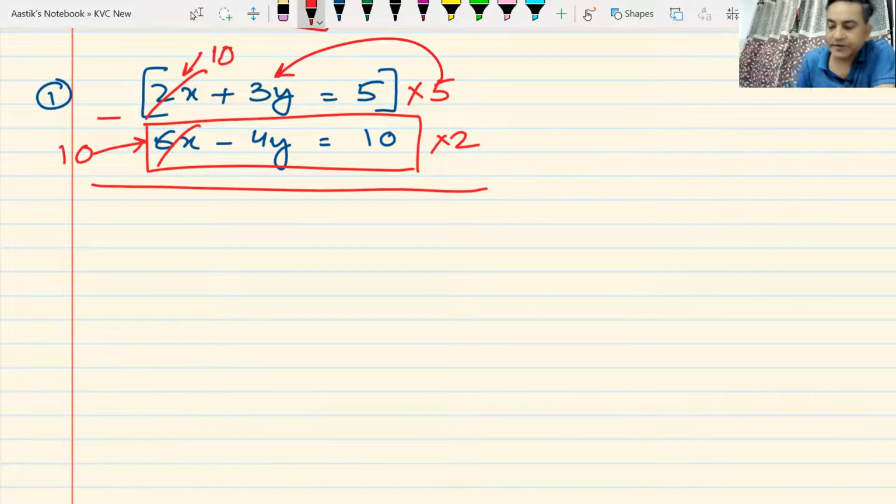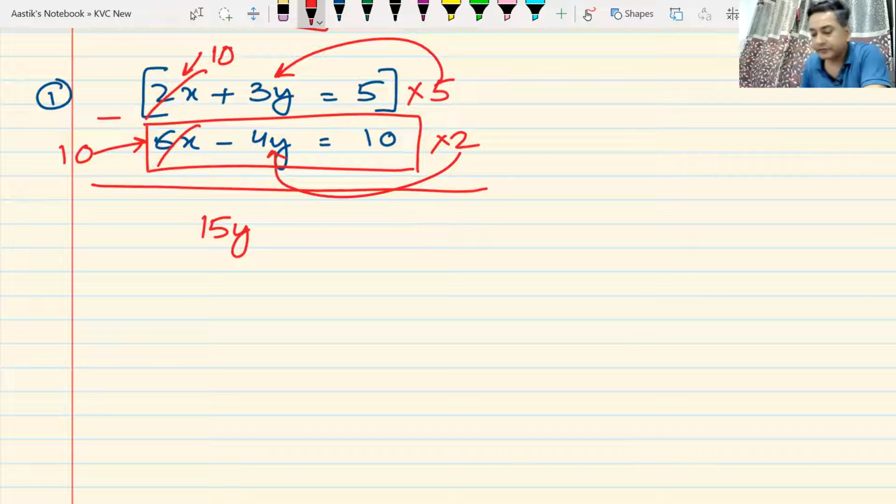This 5 multiplied by 3 will become 15. So I will have 15y from equation number 1. This 2 multiplied by minus 4 will become minus 8. Minus minus 8 will become plus 8.